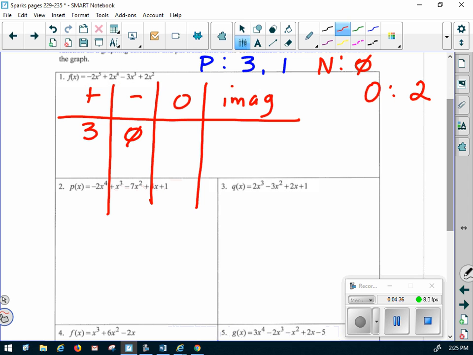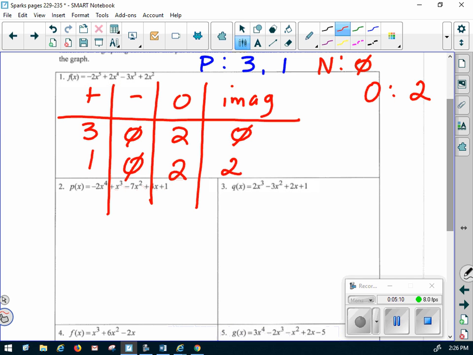None. If I have 1 positive, I could have how many negatives? None. How many times is 0 a root? Twice. Period. So how many imaginaries could I have for my first row? Why? Good, because my sum has to be 5 because I have a quintic function. How many imaginary roots for the second row? Good.